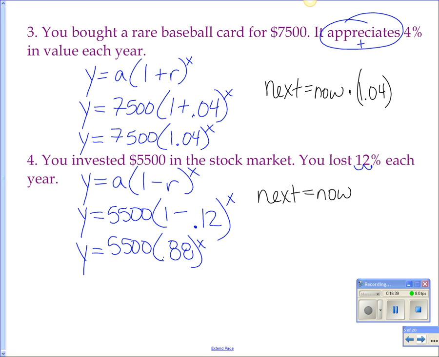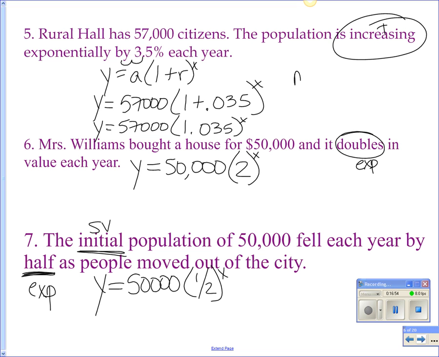Chuck, what are we multiplying by on this one? Very good. 0.88. Okay. And number 5, next equals now. Ethan H, what are we multiplying by on number 5? Good, 1.035.